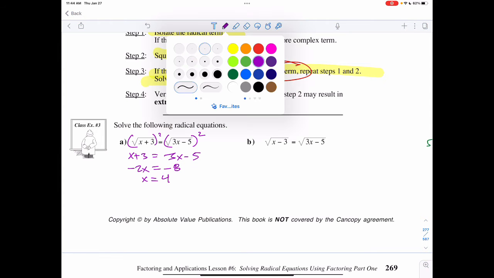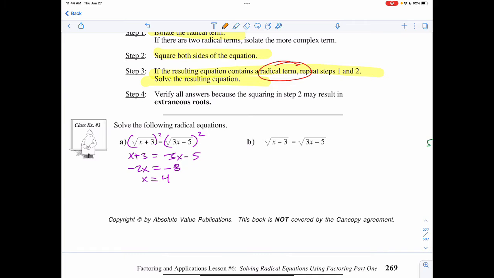Now I need to prove that this works. So I'm going to say that the square root of 4 plus 3 is the same as the square root of 3 times 4 minus 5. 4 plus 3 gives me the irrational number, square root of 7. 3 times 4 is going to be 12 minus 5, which is going to be 7.